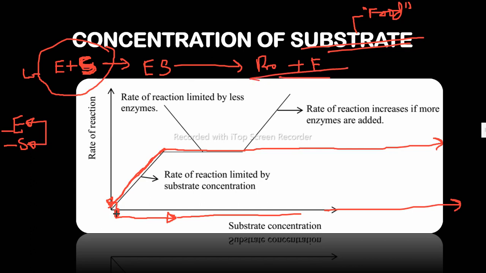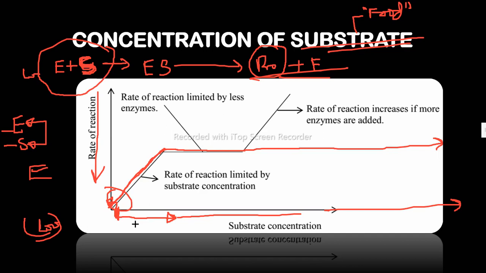Now, at low substrate concentration, however many more enzymes you have, the substrate is very low, so the chance of collision between substrate molecules and enzyme molecules is very low. As a result, the rate at which these enzymes collide with the substrates is going to be low. Hence, the number of products formed per minute is going to be low. Hence, the rate of reaction is going to be low.